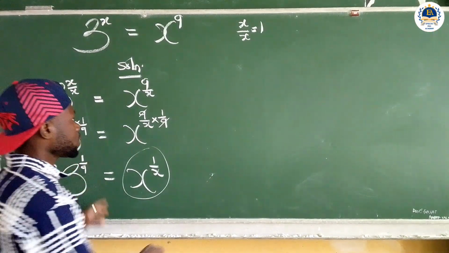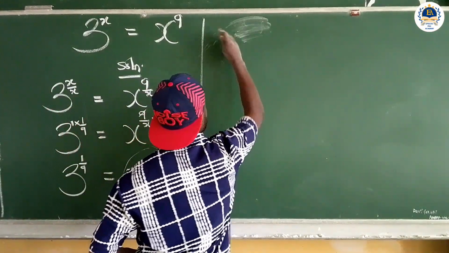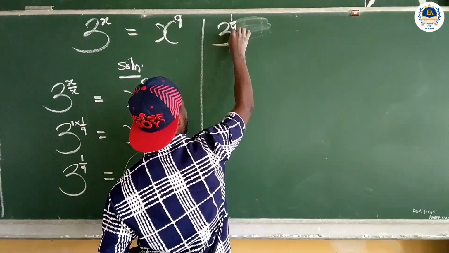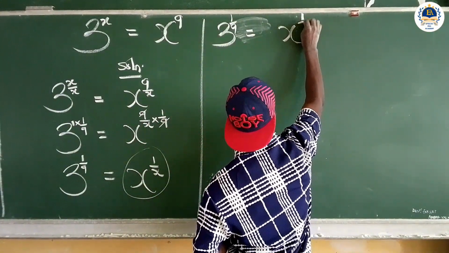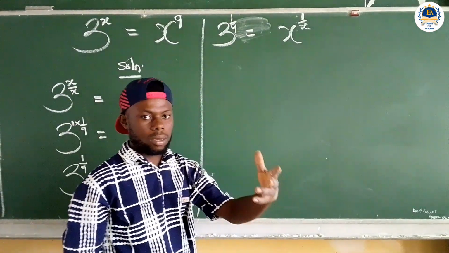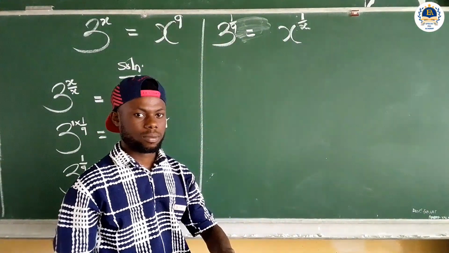So this one is 3 raised to the power of 1 over 9, which equals x raised to the power of 1 over x. The reason I'm saying we don't have any issues with the right is because we are not going to work on this. We are going to leave this to the final result.